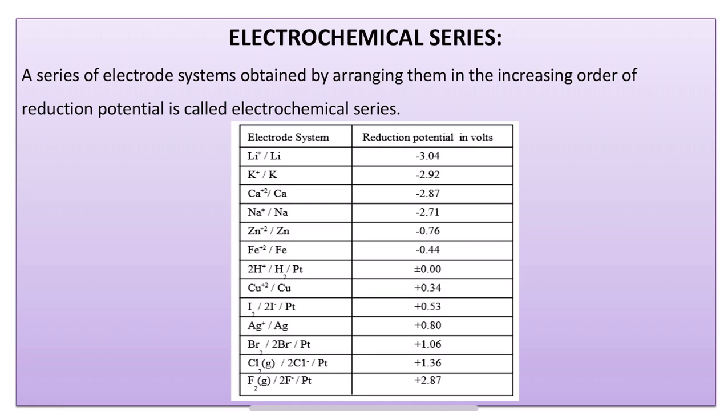If a cell is formed by combining two electrodes which contain either different electrolytes, or the same electrolyte but with different concentrations, we observe a potential difference, especially at the junction of the two electrodes. That is what is called a liquid junction potential, and it arises due to the diffusion of ions from a region of higher concentration to a region of lower concentration across the boundary.